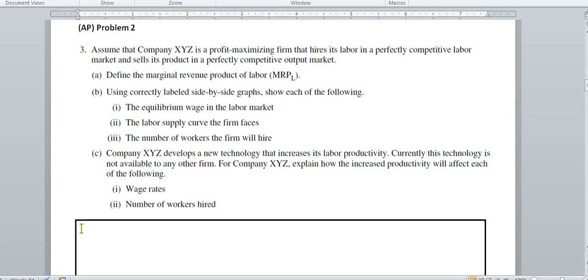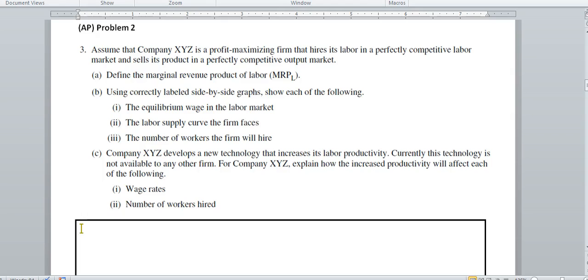If you look back at your chapter, you'll see that that is the marginal product of labor times the price, or you can say that it's the marginal physical product times the marginal revenue, because in a perfectly competitive market or firm, marginal revenue equals price. That's in your book, so you shouldn't have any problem with part A of this.